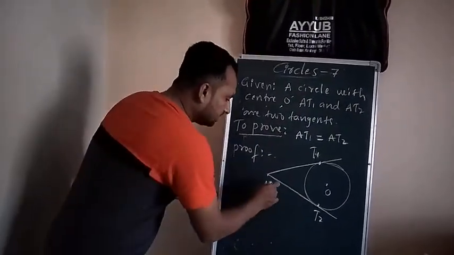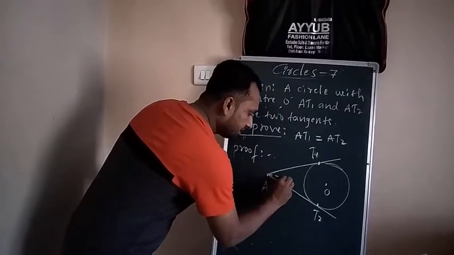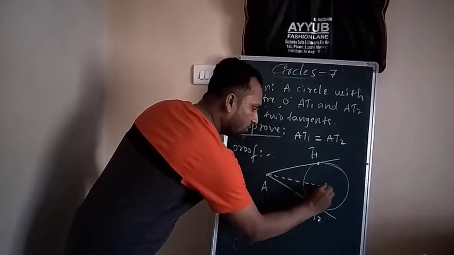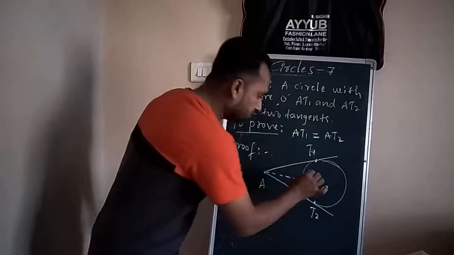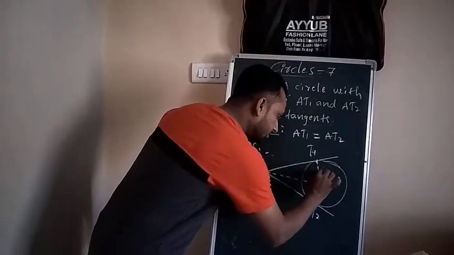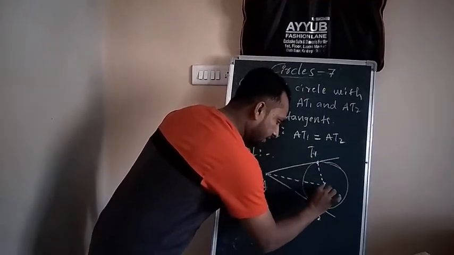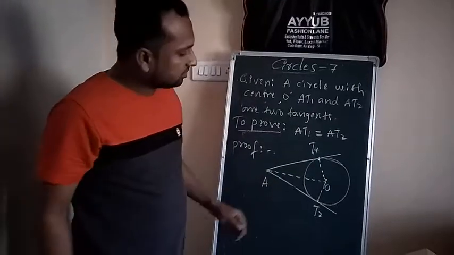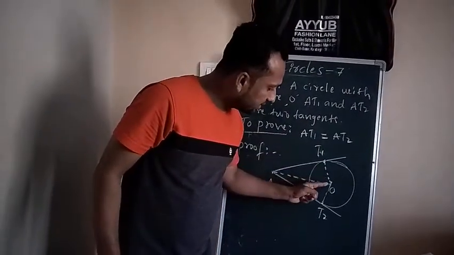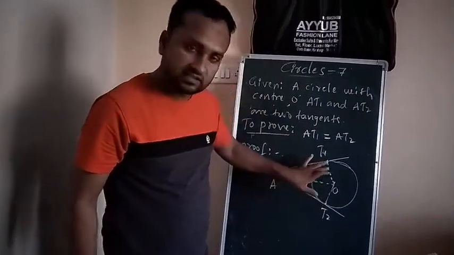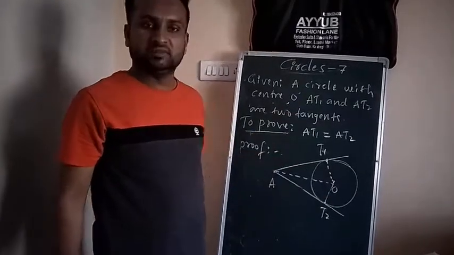Now here, you just have to join A, O, and join one more point here, T1O and T2O. Can you tell me what T1O and OT2 are here? Yes, these two are the radius of the circle.